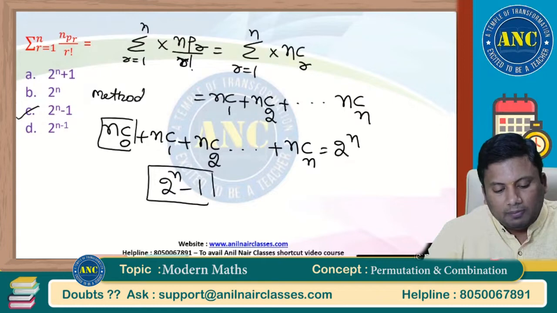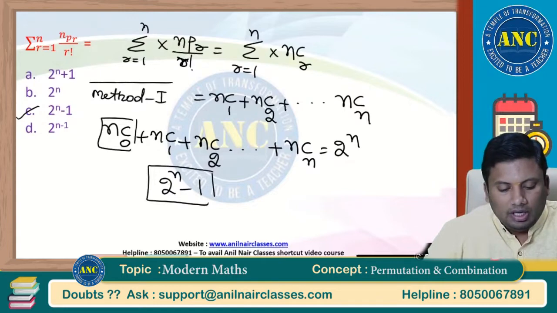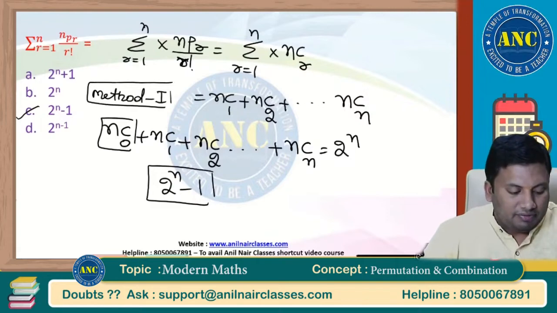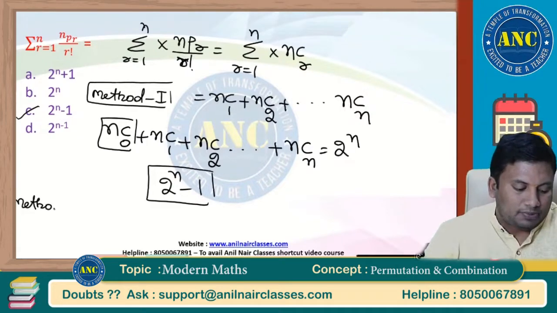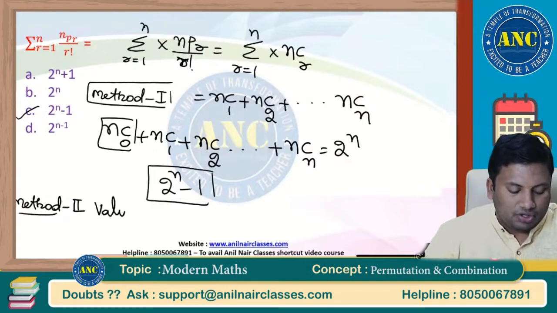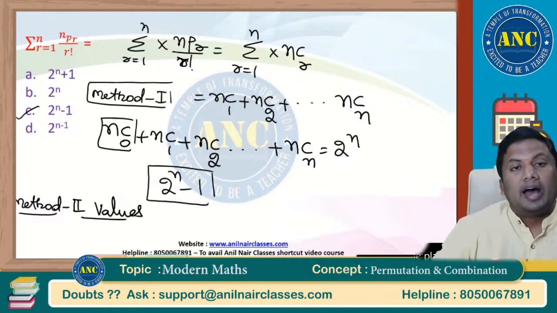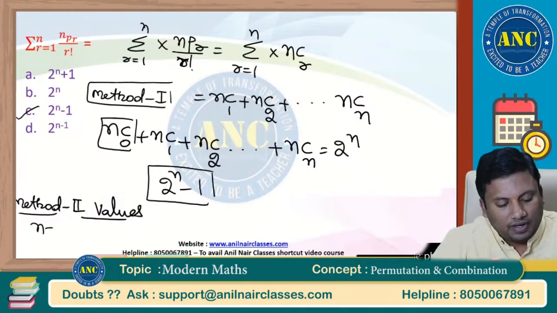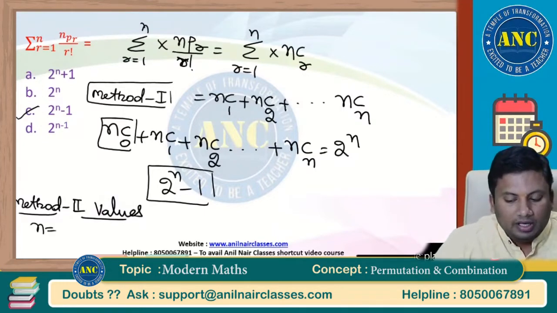This is method number 1. In case you forgot the property, substitute values. If the question contains variables, the answer contains variables. Suppose n is 3.